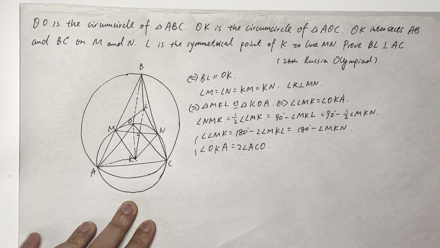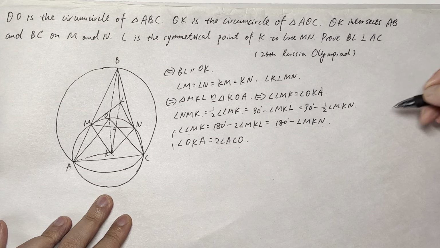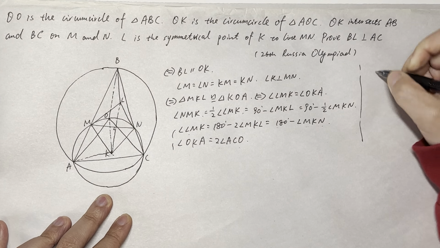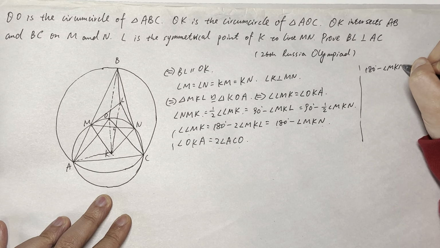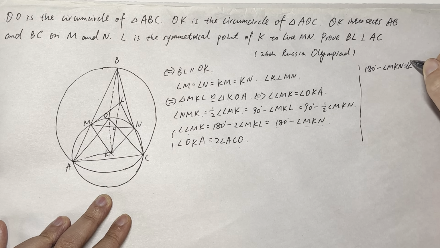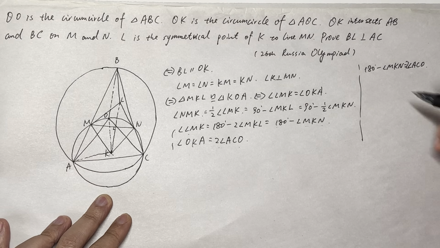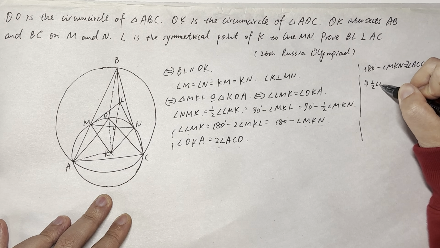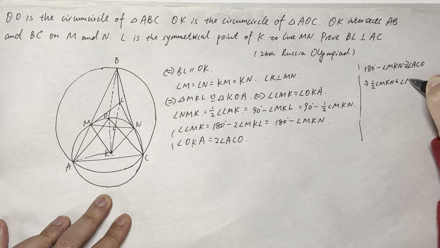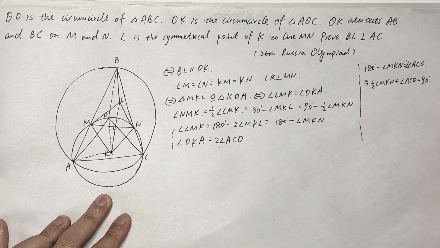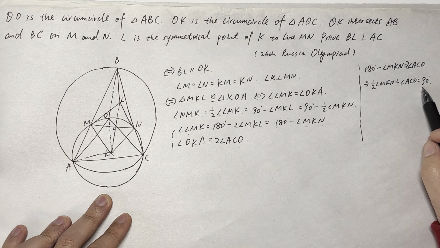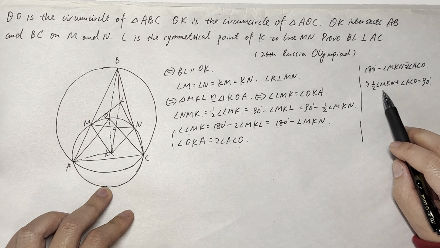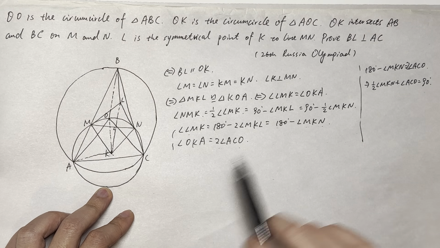Let me just write it on this side. That's our thought. If 180 degrees minus angle MKN equals twice of angle ACO, right? That means half of angle MKN plus angle ACO equals 90 degrees, right? And half of angle MKN.